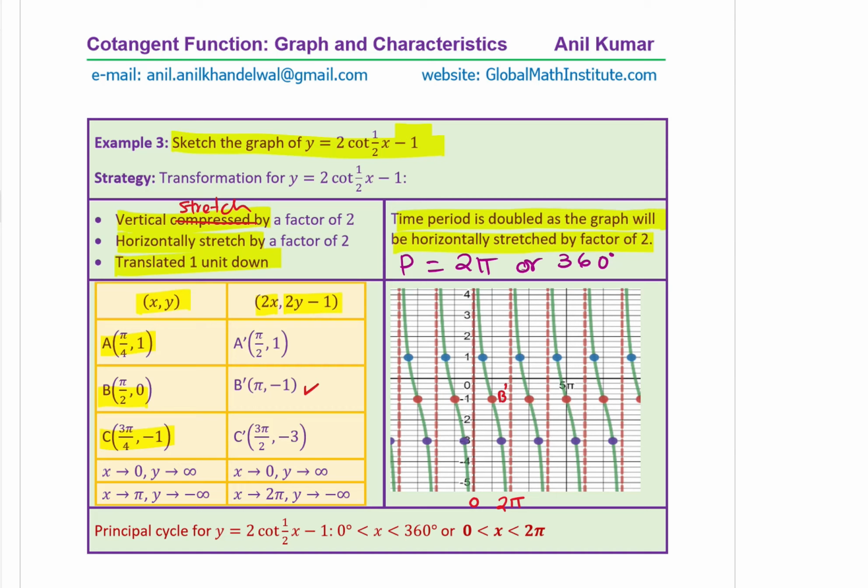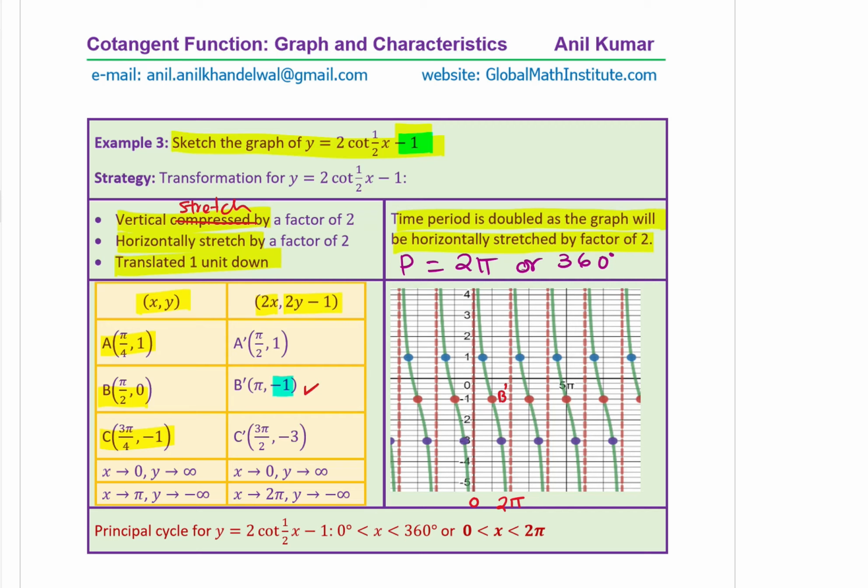And this minus 1, you will observe, matches with the minus 1, which is the vertical translation, and that will always be the case. Perfect. So the y value of B will match with the vertical translation.